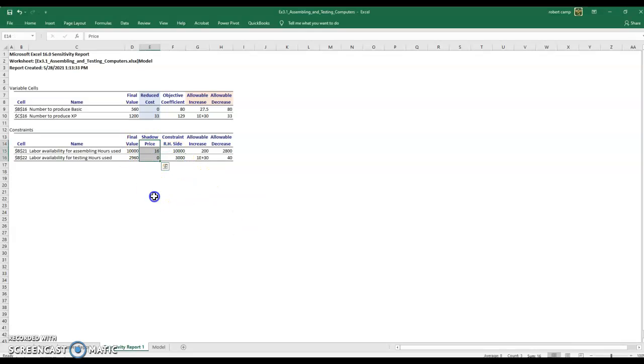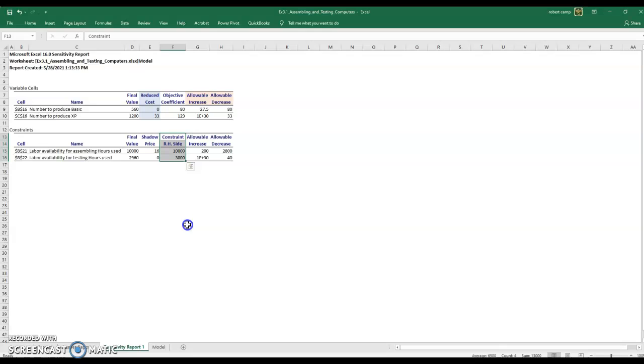So the first thing that we've got is what's called the shadow price. So what is the shadow price? Shadow price indicates the change in the optimal value of the objective function when the right-hand side of the constraint changes by 1 unit. Right-hand side is what we're set at.